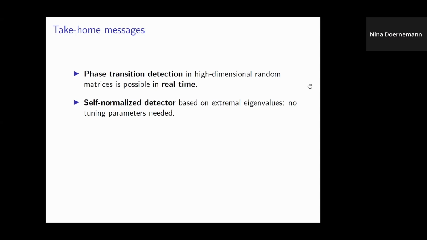I explained to you that it's not really possible to use many results from random matrix theory because they just hold for an individual matrix. But what this self-normalization does is that it enables us to do Gaussian approximations for these eigenvalues. And this is something that we could not do without it.